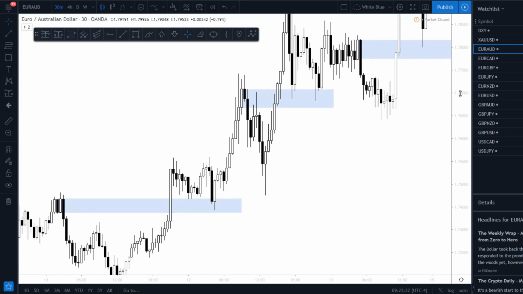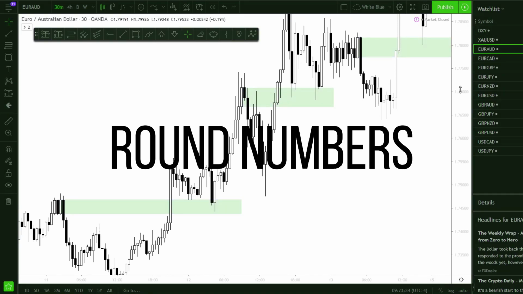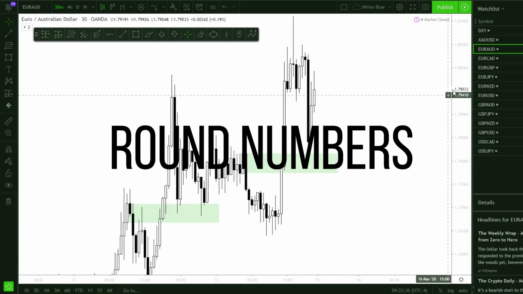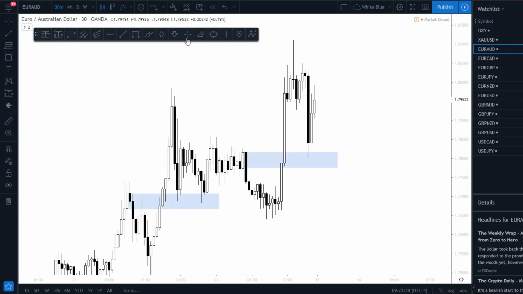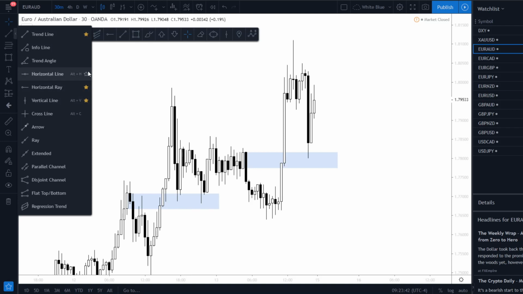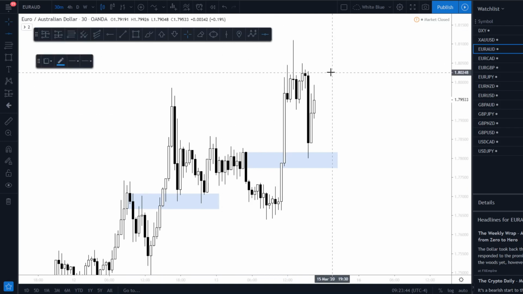So the next part to this strategy, I guess you could say, would be round numbers. Let's just get the horizontal line here. So let's have a look.